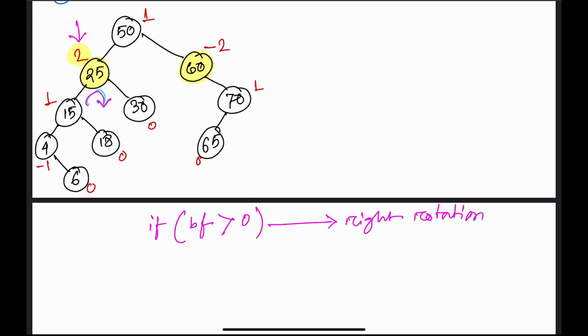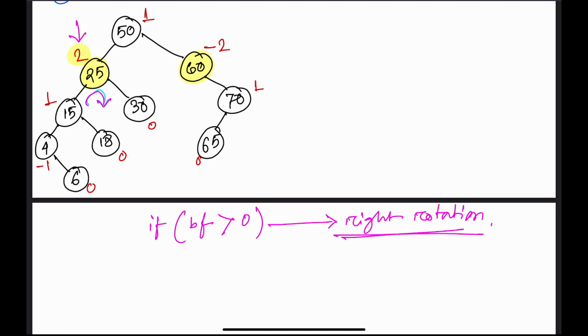Why? Because in the right side there are fewer nodes, right? So we have to move it into the right side so that the right side also could have more paths or more nodes, so that the balancing would be there. This is why you need to understand the right rotation.